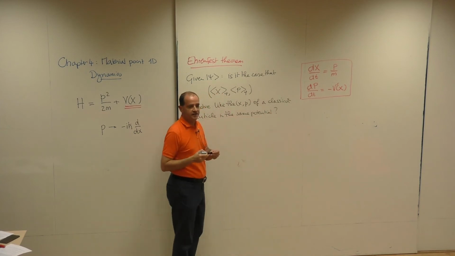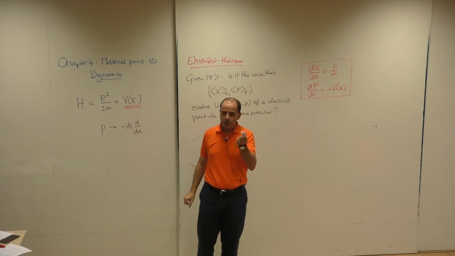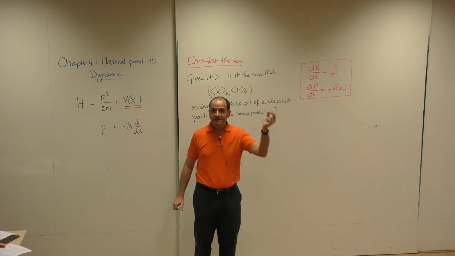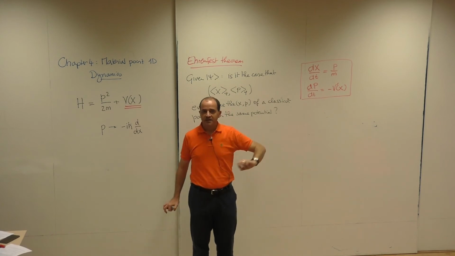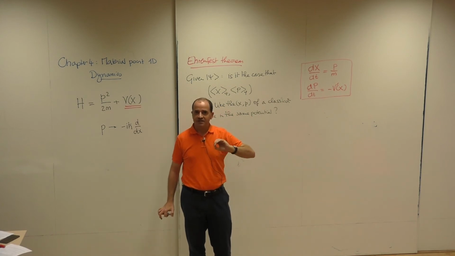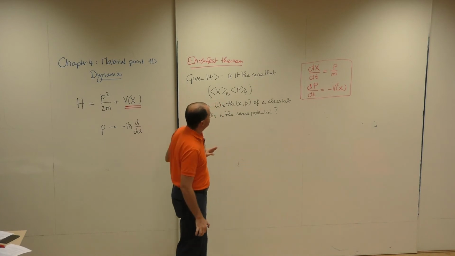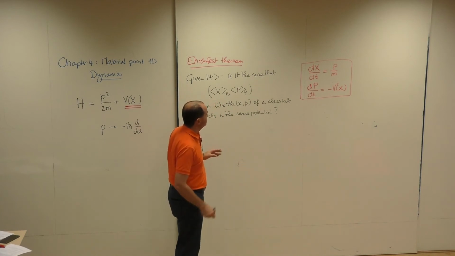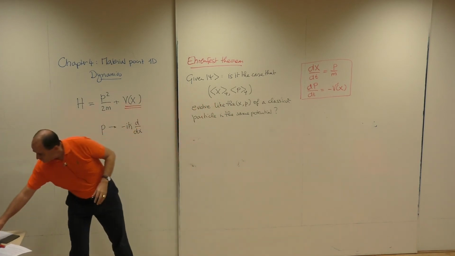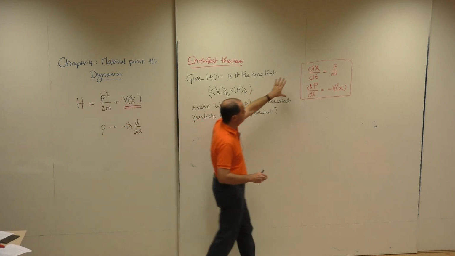So can I just say that if I look at the average position and average momentum, their trajectory in phase space is exactly the same as I would have for a classical particle in that potential? Well, let's try that. Let's try it here, right?